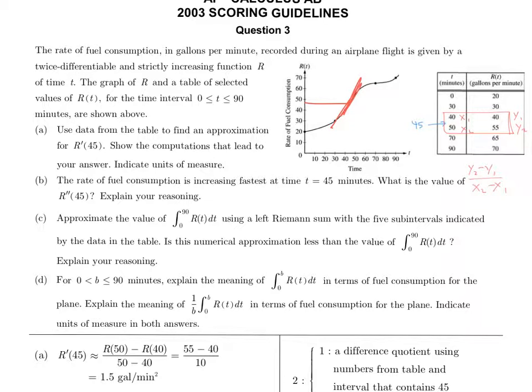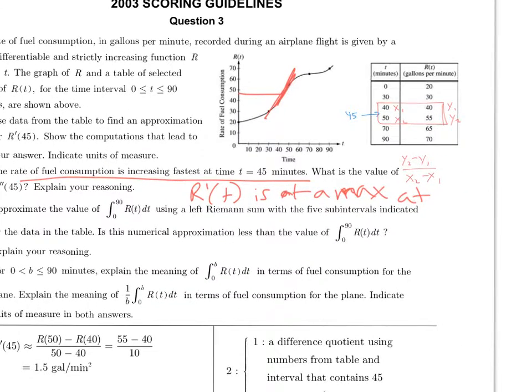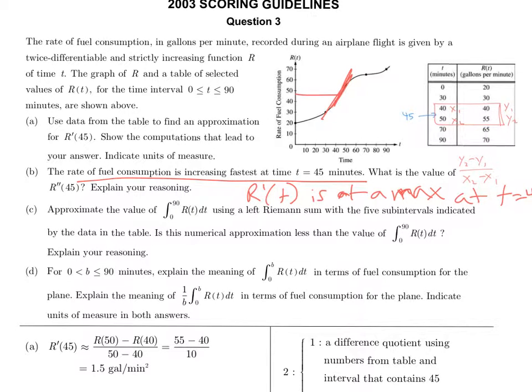I'm just going to pick up on the fact that if this is true, that means r prime is at a maximum at time 45 minutes, because that's what has to be happening if it's the greatest.